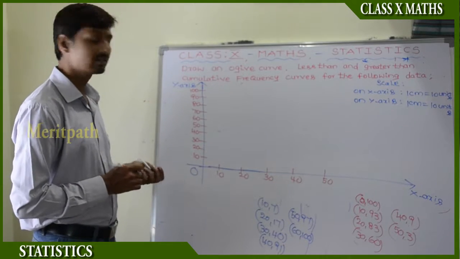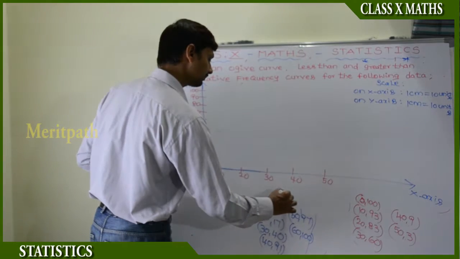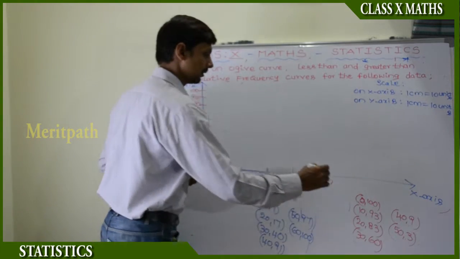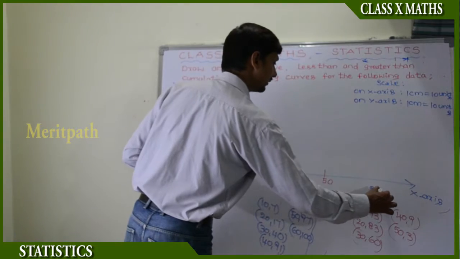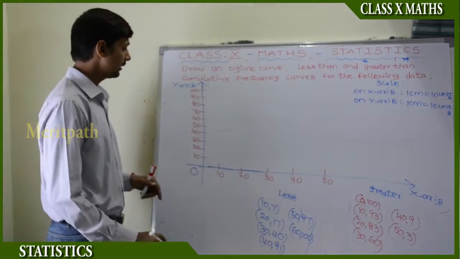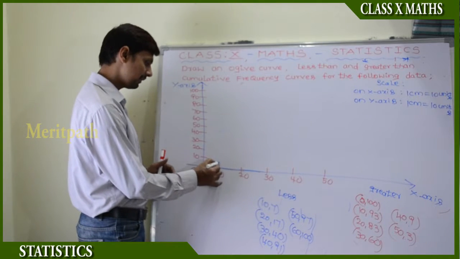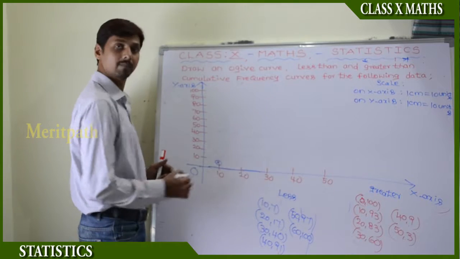Let's take the first less than cumulative frequency points. These are the less than cumulative frequency points, and these are the greater than cumulative frequency points. Let's find out where 10, 7 is first. 10 and 7, it will be here.